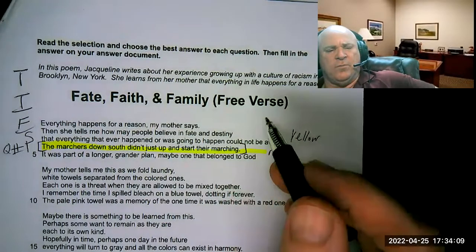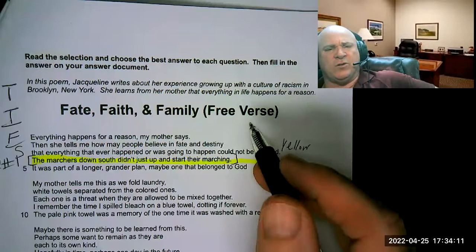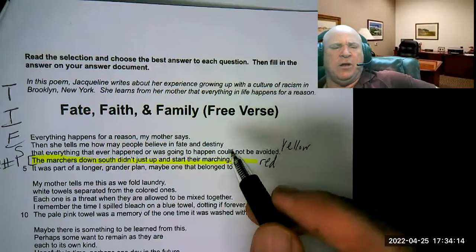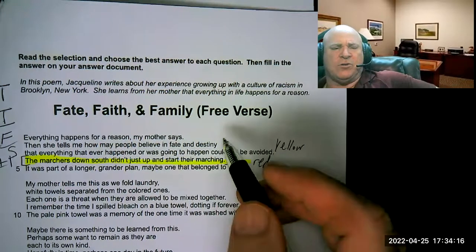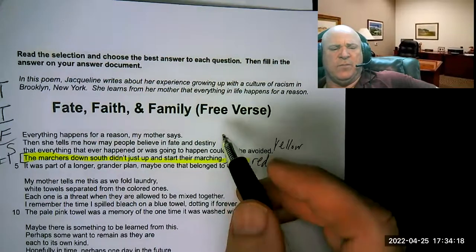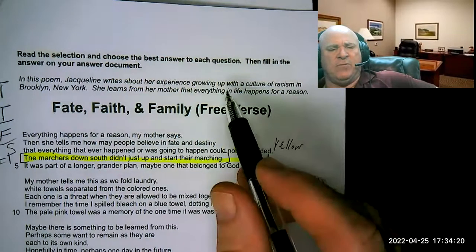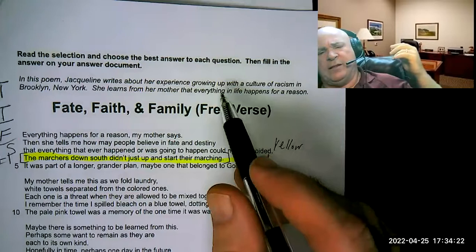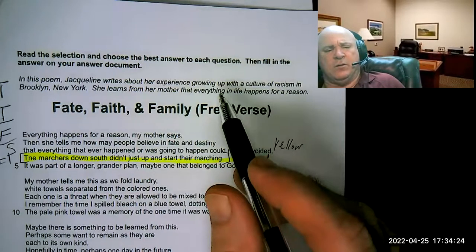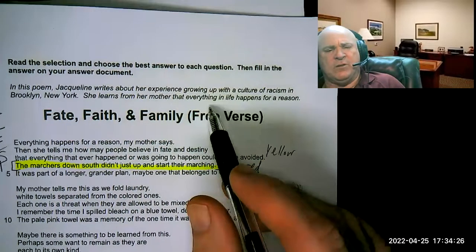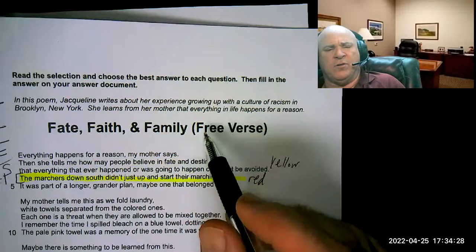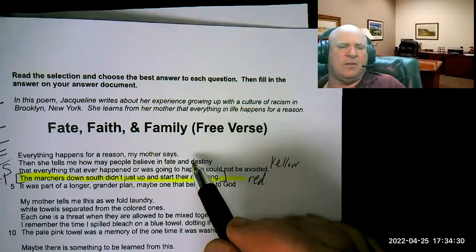And so just like the question from the passage in 8th grade, unless your students read these instructions, they might not be able to infer more directly that the marchers down south were because of racism. So we've got the typical directions.